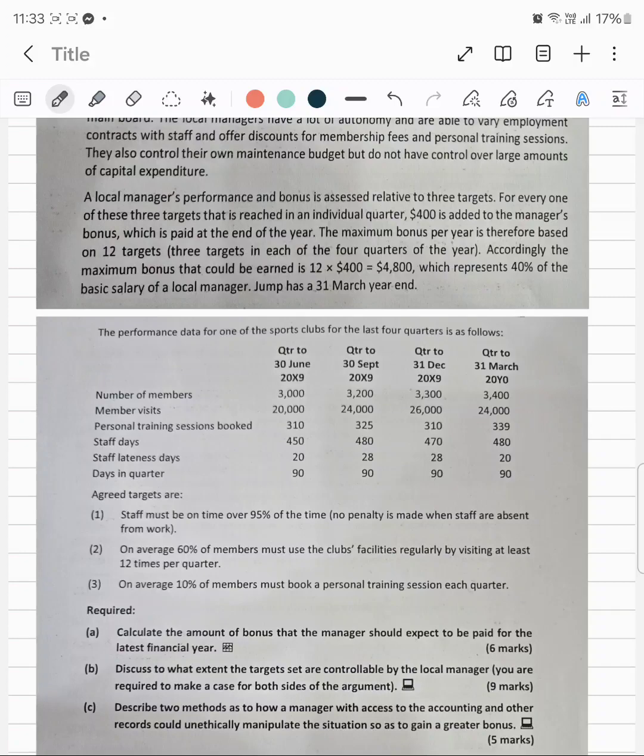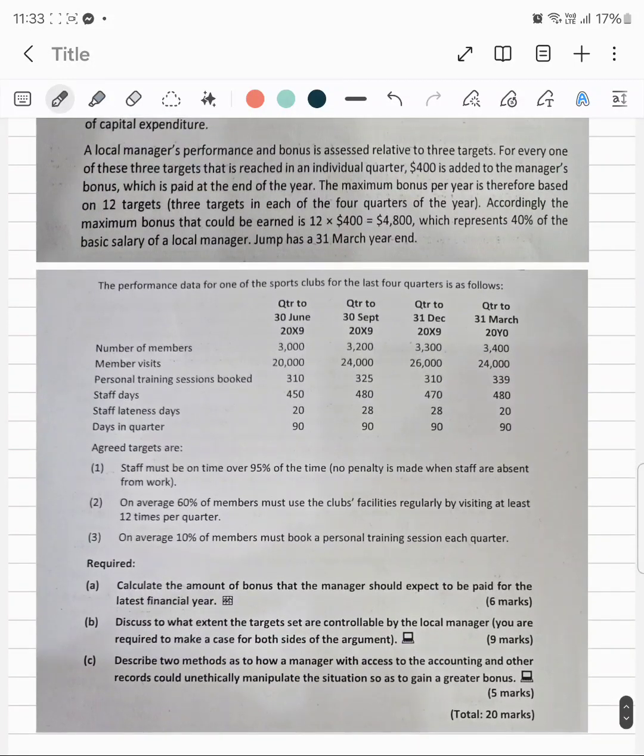The maximum bonus per year is therefore based on 12 targets, three targets in each of the 4 quarters of the year. Accordingly, the maximum bonus that could be earned is 12 into 400, that is 4800, which represents 40% of the basic salary of a local manager. Jump has a 31st March year end.